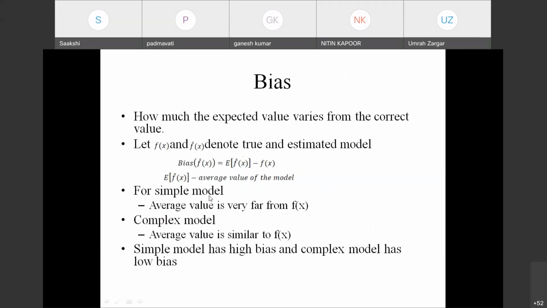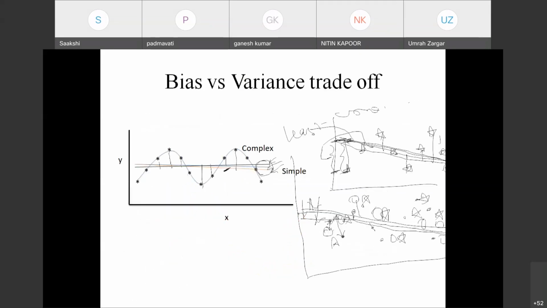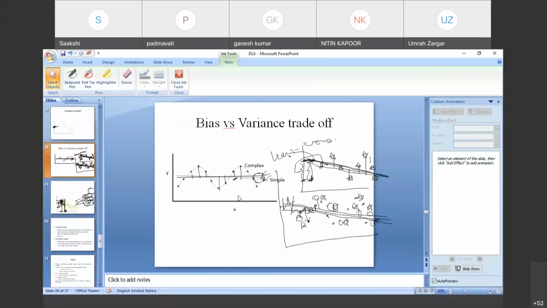So for a simple model, the average value is very far from f of x. We all know, correct? For a simple model, if you take the average of these three lines, it comes out to be maybe some line like this, right?